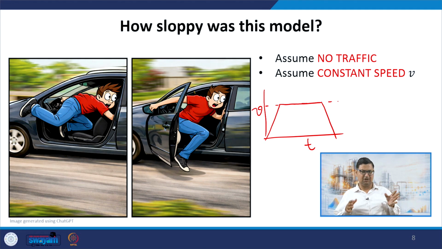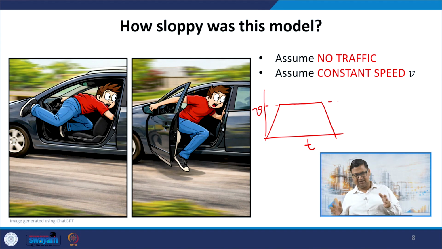What I am trying to imagine, if I am doing this model strictly, is that the car was already going with a constant speed, probably self driven, and I jump in the car when it was already going with a certain speed, and I jump out of the car when the destination is reached. That is not the reality. In reality, you will have an acceleration and deceleration, right. It is not that you are jumping into a moving vehicle and jumping out of the moving vehicle, right. That is clearly a problem, right.